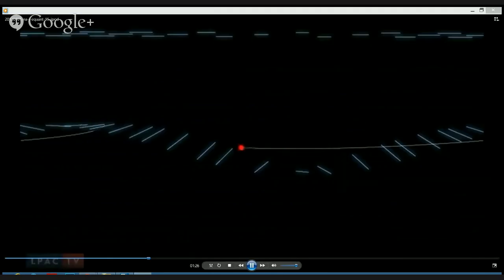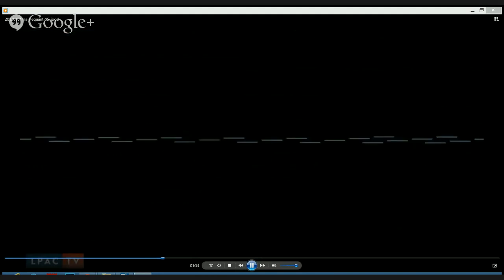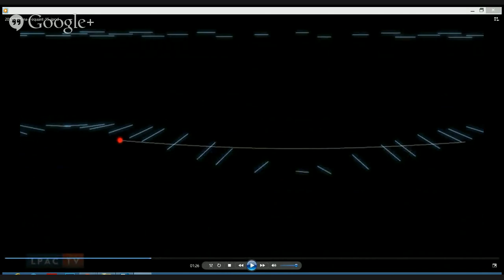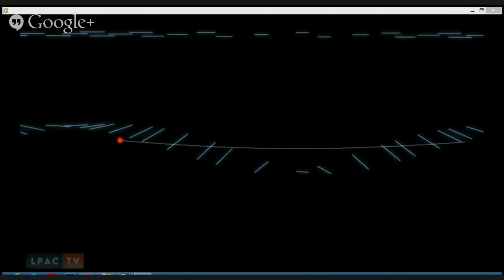What you see on the top of the screen is the retrogrades excluding what's called the latitude, never minding the fact that the planet moves up and down in addition to moving to the left and then sometimes to the right. Okay, so let's pause it there. What you see right now is that there's one part of the sky, if you can see the pointer around here, where Mars rarely goes backwards.